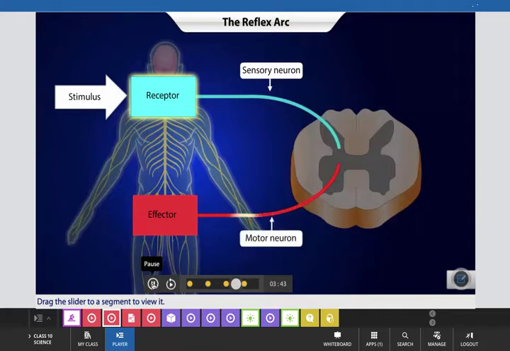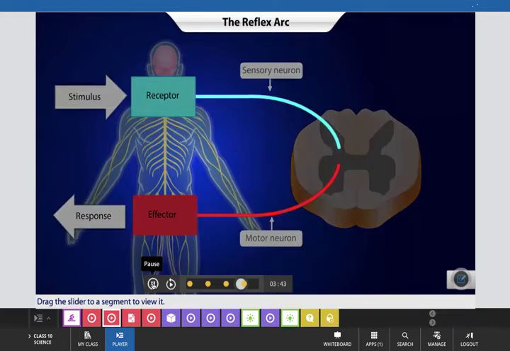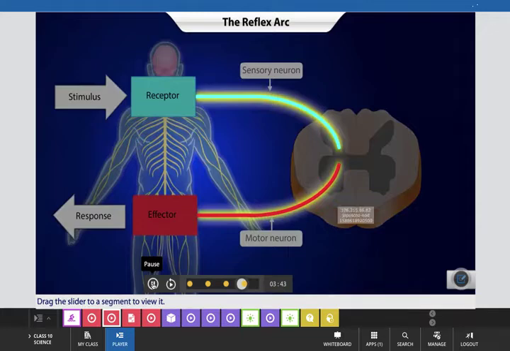A motor neuron carries the message from the spinal cord to the effector, or the part of your body that effects the correct response, which may be a muscle or gland. The path taken by the nerve impulse from the receptor cells to the effector is called a reflex arc.